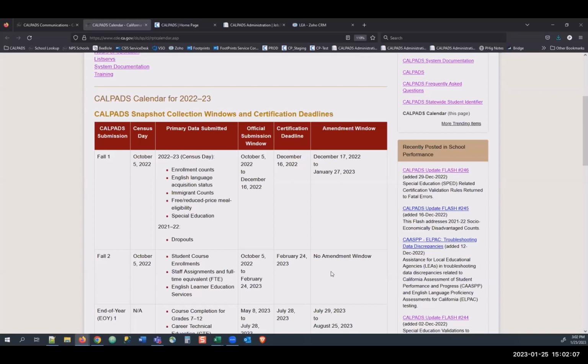Before, they may have been caught on input and rejected, and you would have to fix them. So the main thing is making sure your course section IDs and your local class IDs are all in line with both the course section files and the student course section files. Other than that, I don't have any announcements.